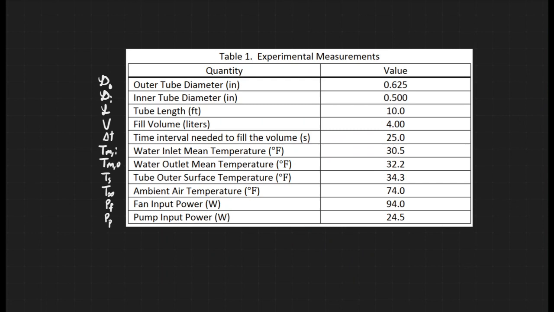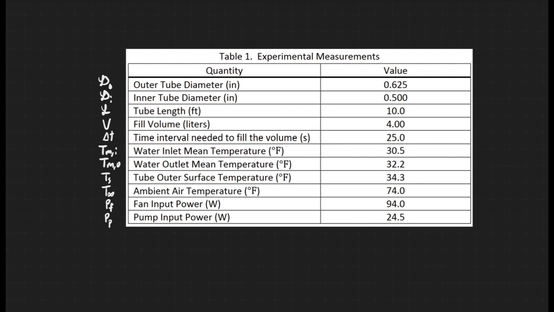So now we will do some calculations on some experimental data collected from our DIY air conditioner setup. We are going to find the internal and external convective coefficients to be able to find the heat transfer rate and the overall coefficient of performance of our setup.